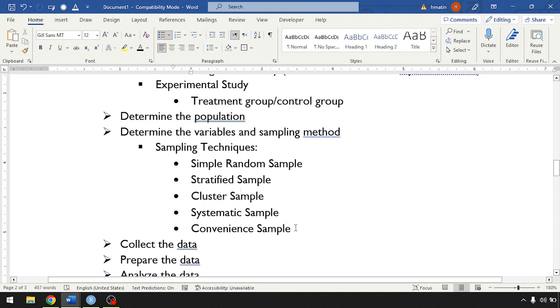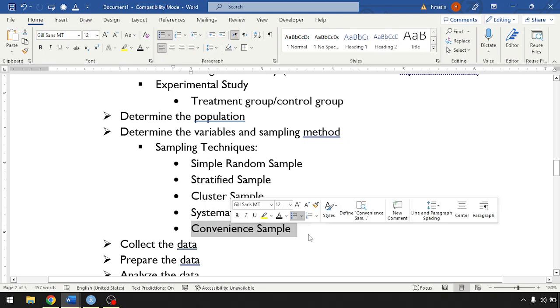Convenience sampling is not very common, and it's not highly recommended because it creates a lot of ethical questions as well as bias.